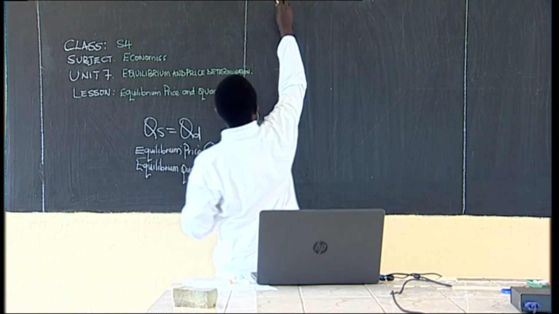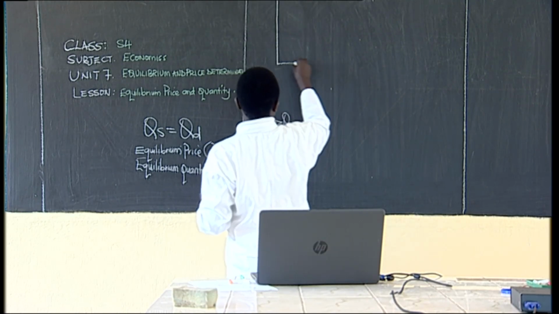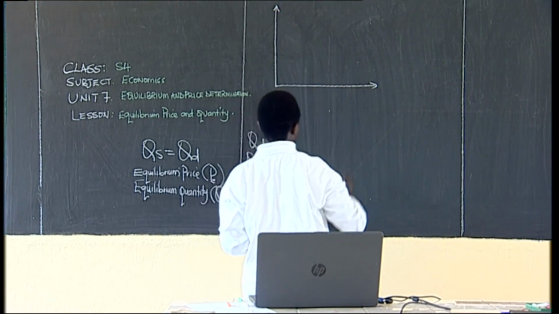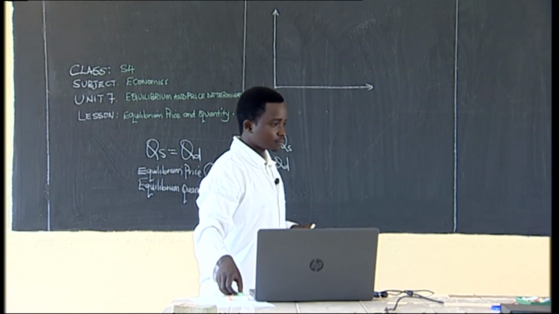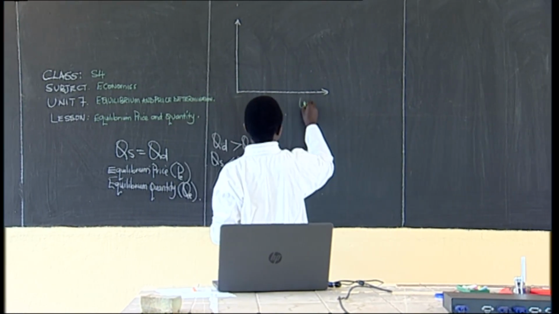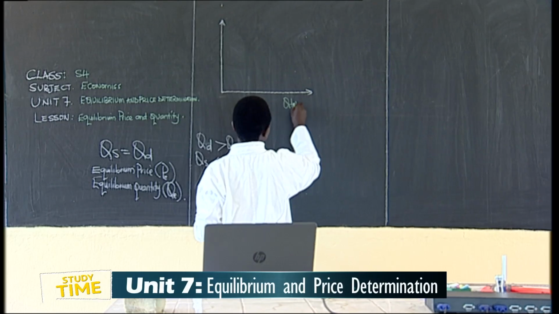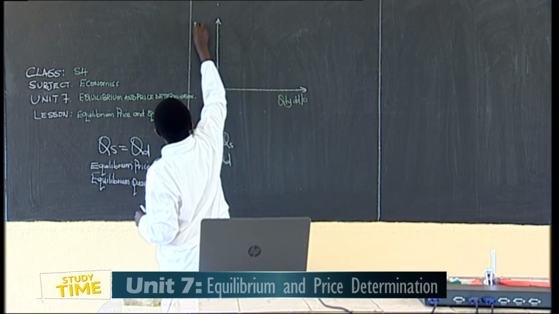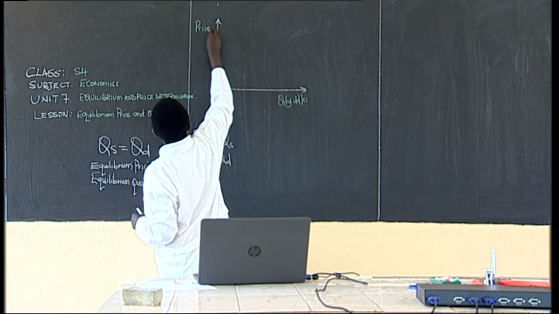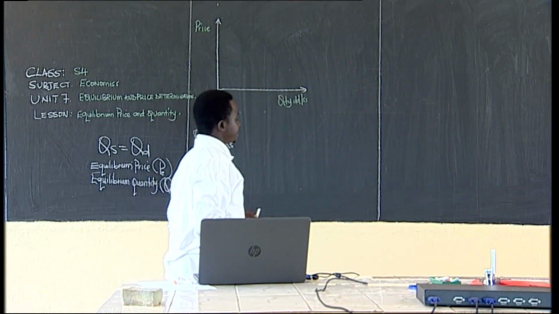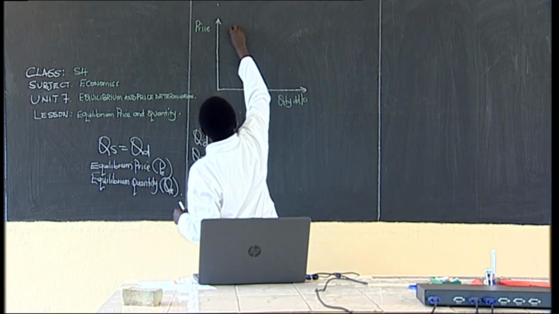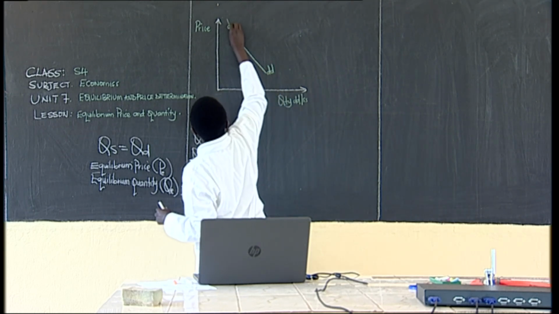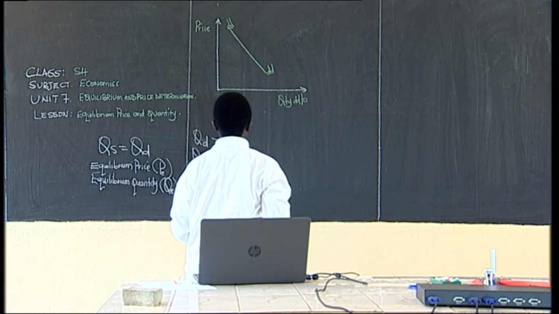So how can you illustrate this? Simply, if this is our quantity demanded or supplied, and here this is our price, then we must have our demand curve, which you all know has a negative slope, sloping downwards from left to right.